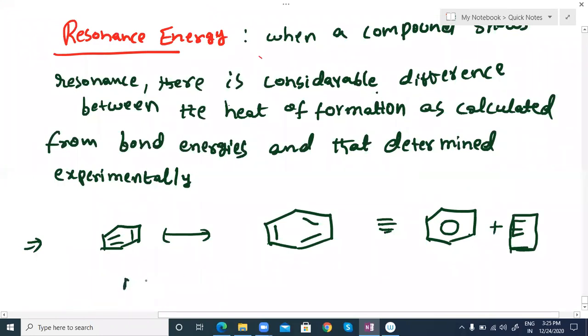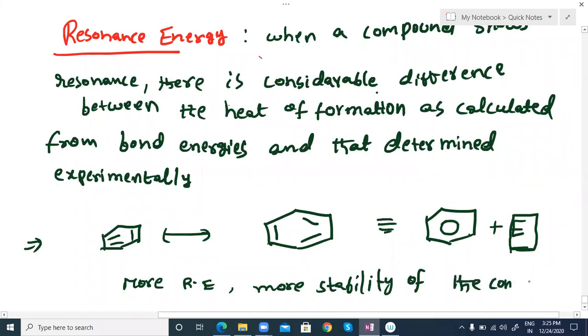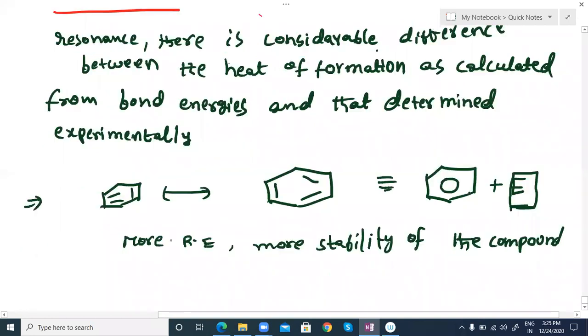The more the resonance energy, the more the stability of the compound.